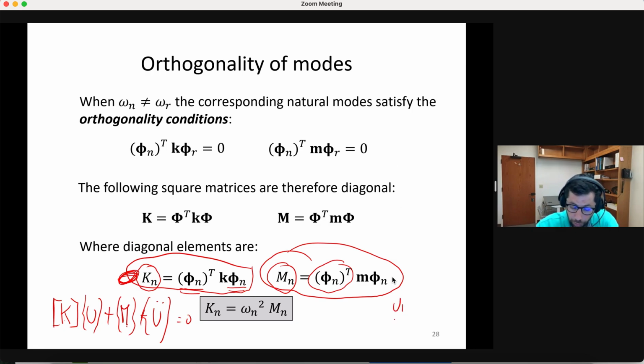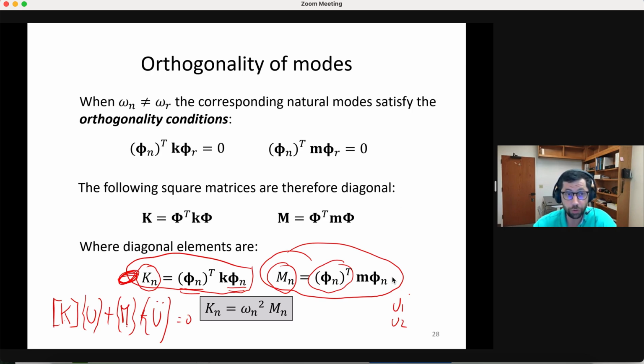In equation 2, my only variable will be u2, and so on. These equations are now uncoupled. It's not a coupled system of equations, but an uncoupled system of n ordinary differential equations. In other words, instead of solving a system of equations, I now need to solve n ordinary differential equations.